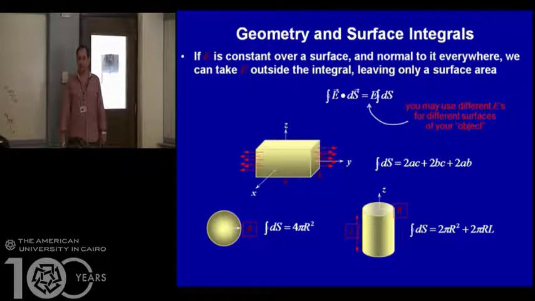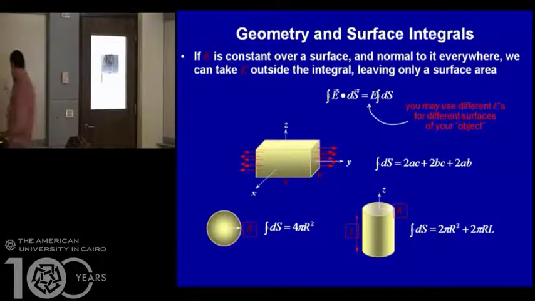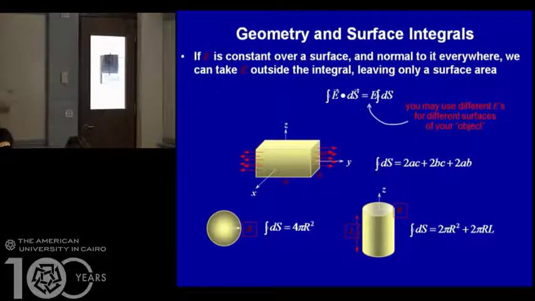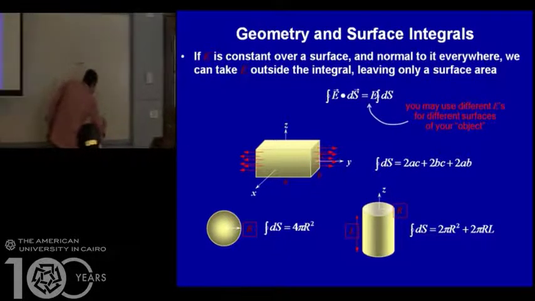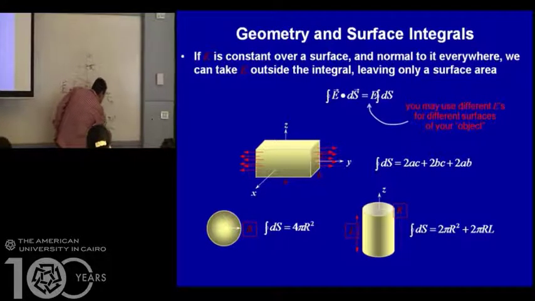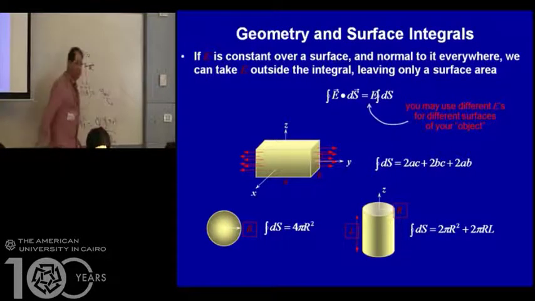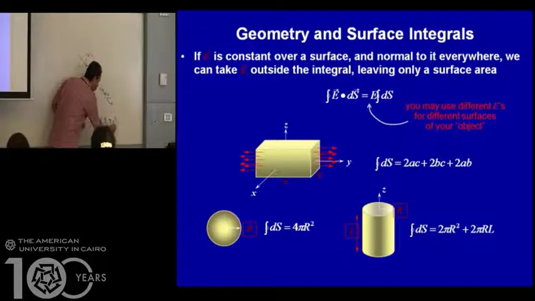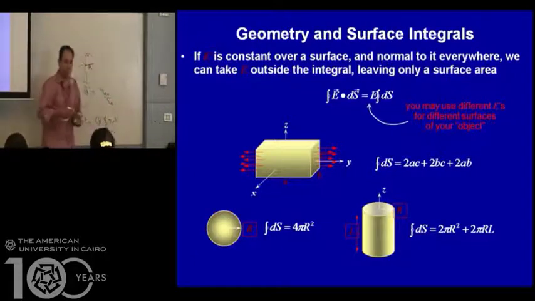Okay guys? So I'm going to replace Q enclosed by its value: Q times 4 over 3 pi r cubed divided by 4 over 3 pi capital R cubed, and I'm not going to forget the epsilon 0, because it's Q enclosed divided by epsilon 0.